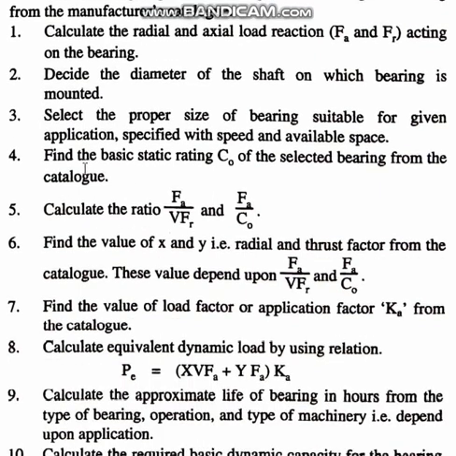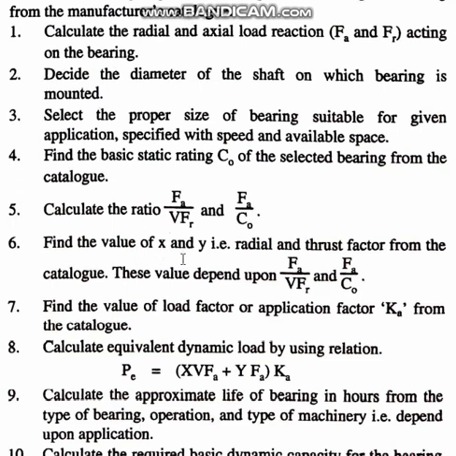Then, fourth, select the basic static rating C0 of the selected bearing from the catalog. Once you have selected from the catalog, you will get C0. Then calculate FA upon VFR and FA upon C0. These ratios you have to calculate.